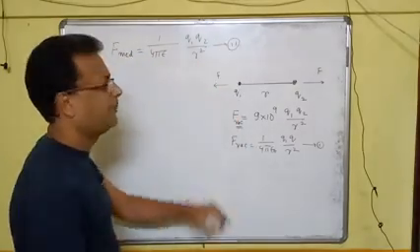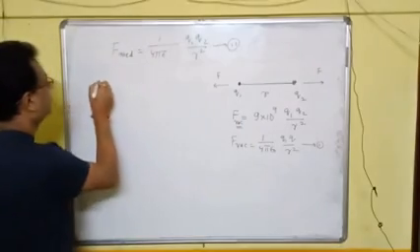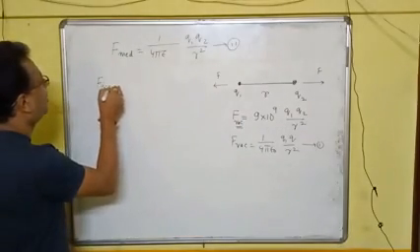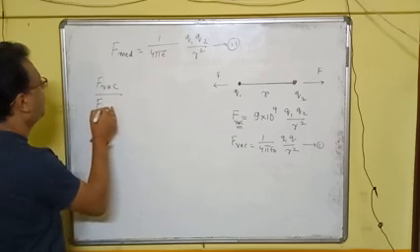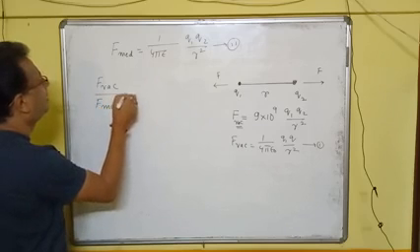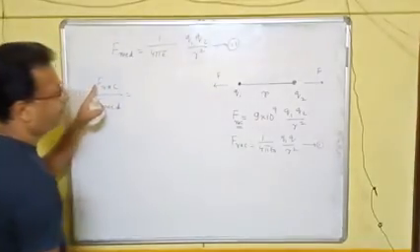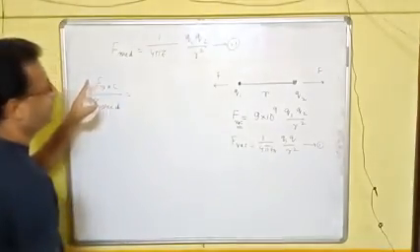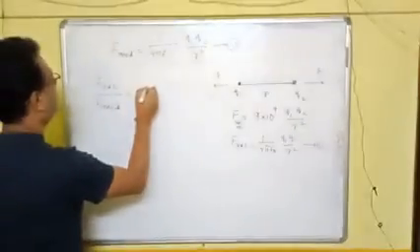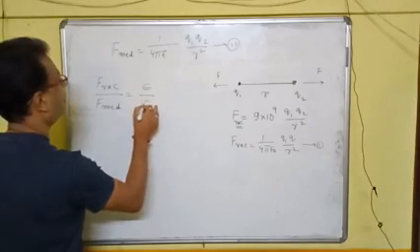Now if you divide one by the other, F vacuum divided by F medium, everything cancels. So F vacuum by F medium comes out to be epsilon by epsilon naught.